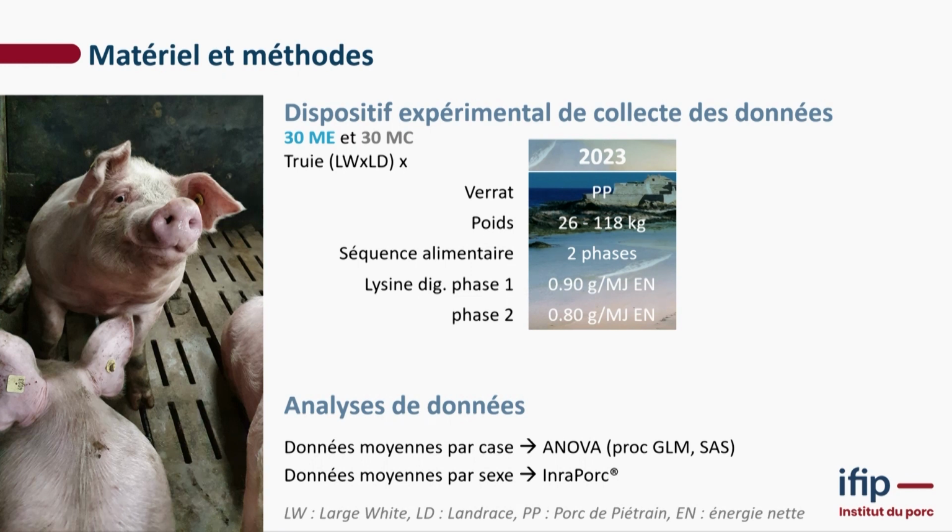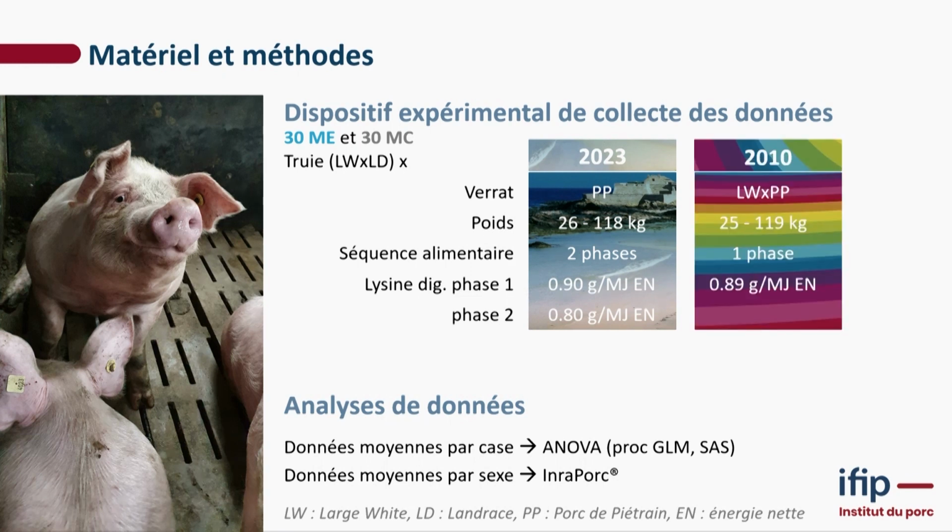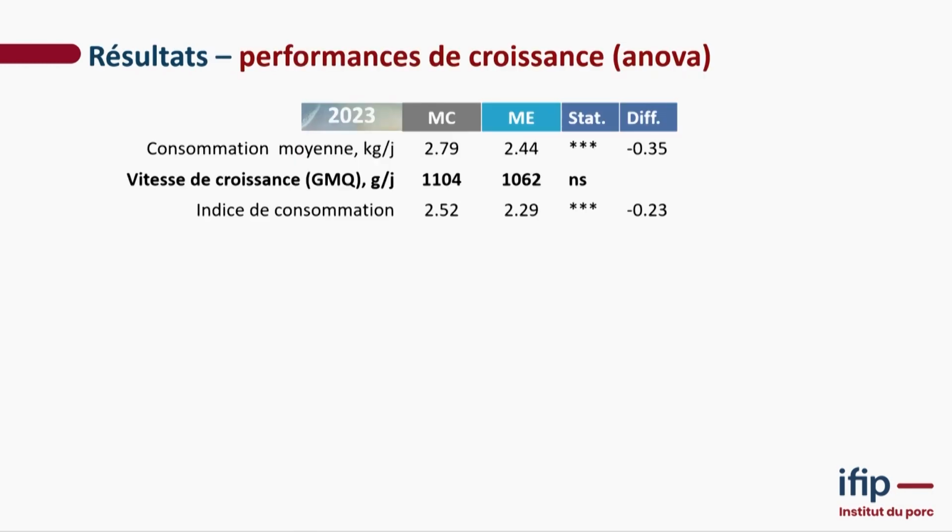I call them 2023, and during the presentation, we'll be able to compare these with the data shown in 2010. The range was about the same, but it was a 1-step approach back then, with no anticipation of a decrease in the feed intake to switch to another system.